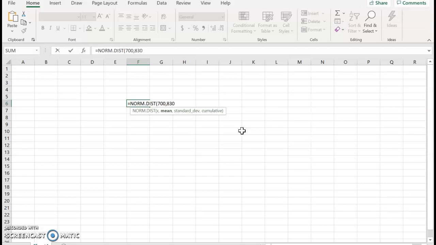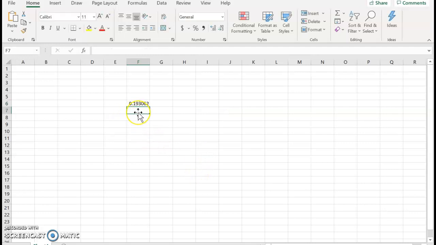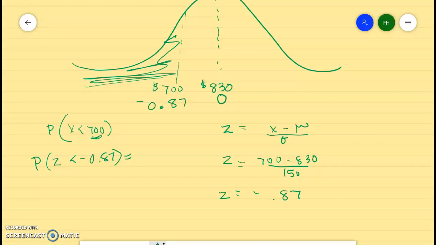Then the standard deviation is 150, and make sure you're putting commas in between. You want it to be cumulative because you want it up to that point, so you put true, close it and press enter. What that tells me is the probability of less than 700 is 0.19 if you round.